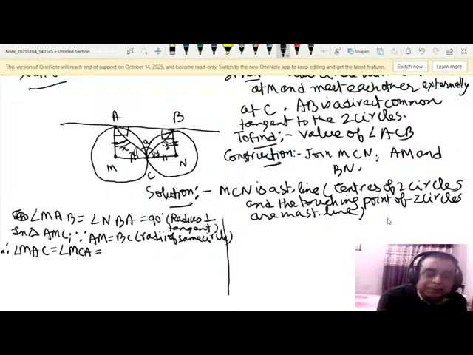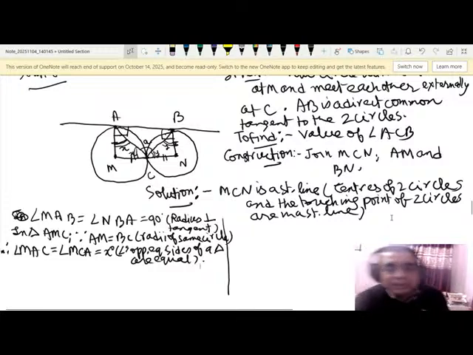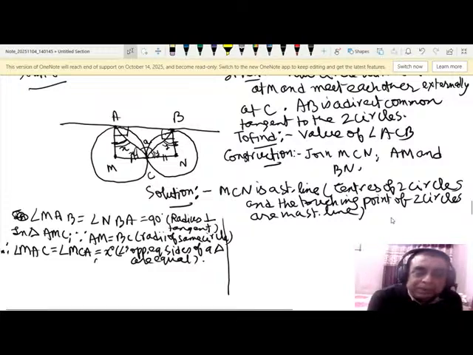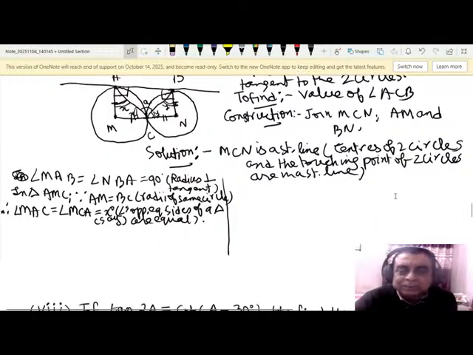Let them both be x degrees. Reason: angles opposite to equal sides of a triangle are equal in measure. So let it be x, say. You write "say".